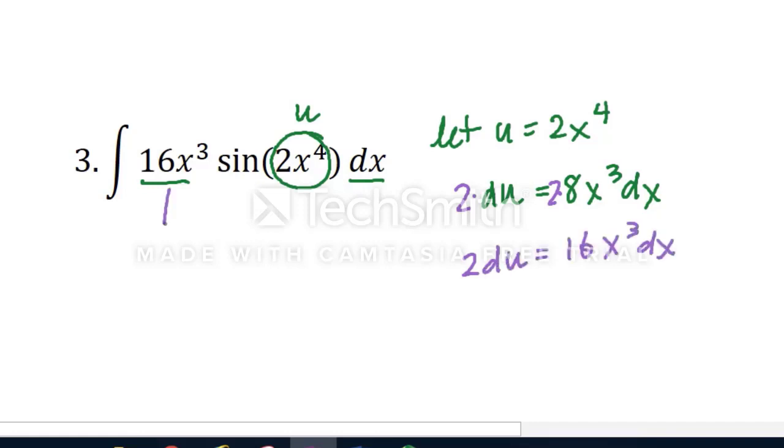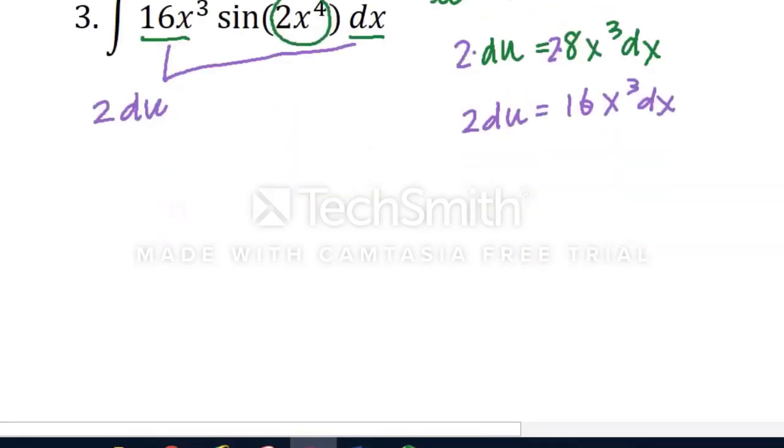And this is where the du kind of starts to derail for some people. It's not a single du, but there are 2 of them. We're going to do more of that today. Rewrite the integral. The 16x cubed becomes 2 du. By convention, the du's, the differentials, go at the end of the integral.